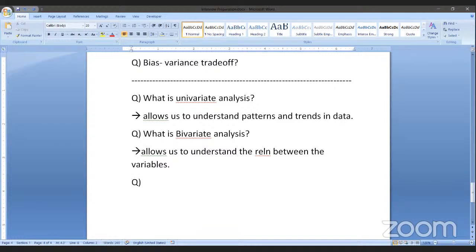So next, what is multivariate? Friends, what is multivariate if anyone knows?